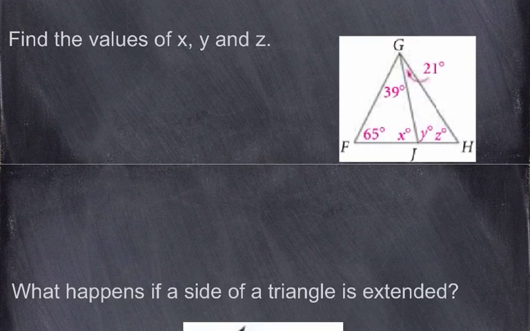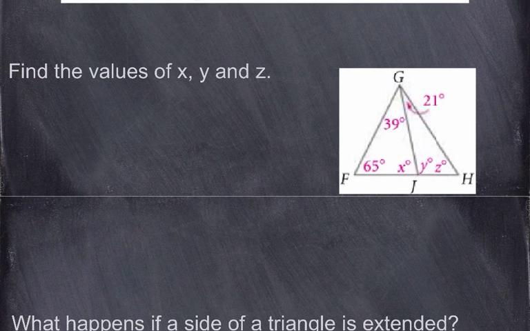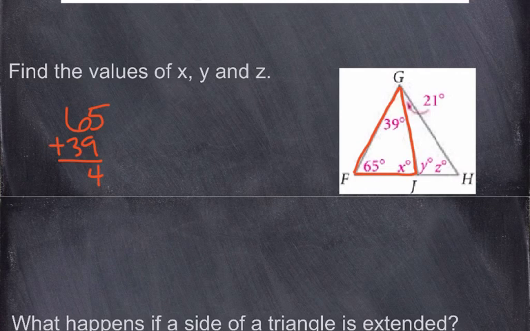Okay, so here it says find the values of x, y, and z. So first, if you look at x, there are technically three triangles in this diagram, but we're going to focus on this one for x. Well, we know two of the three angles. If you know two of the three angles of a triangle, you would just add them up. So we have 65 plus 39, which gives us 104.